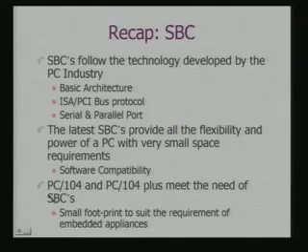In fact, PC104 and PC104 Plus meet the need of SBCs. These are nothing but re-specification of ISA and PCI bus suited for small footprint devices.